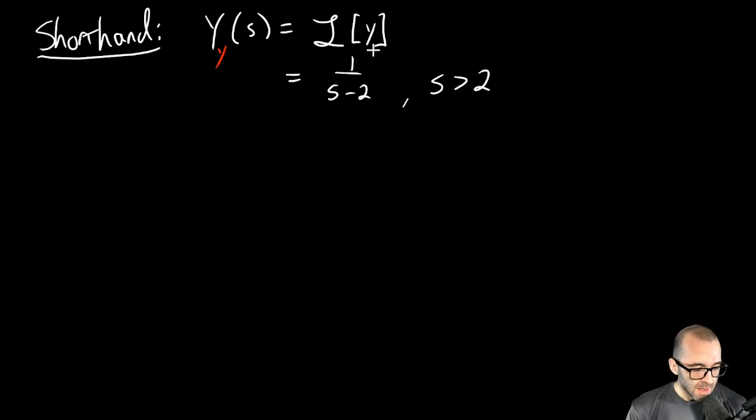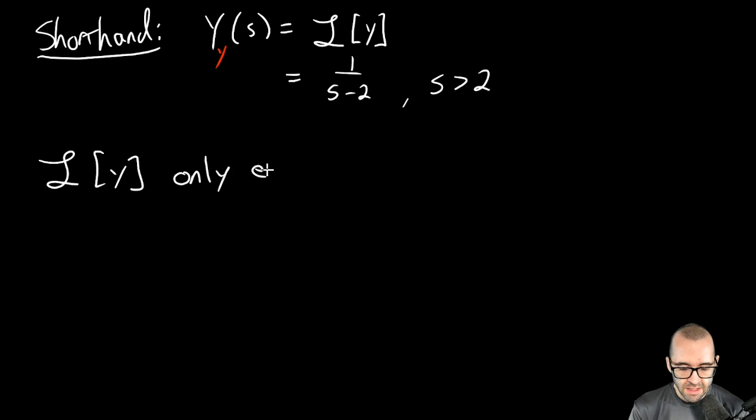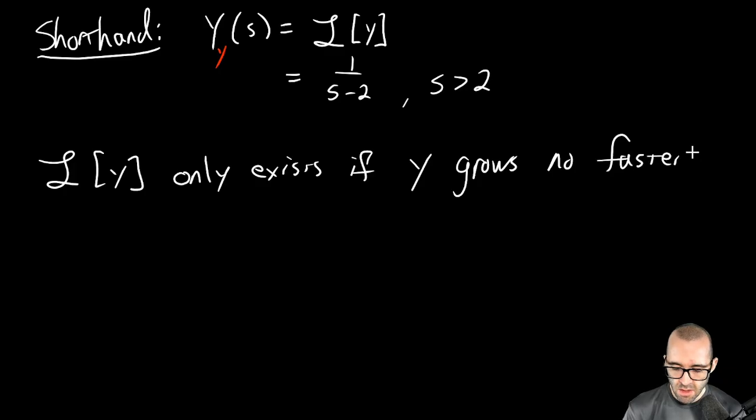Okay, then the final disclaimer before we end the video is something I said verbally, but the Laplace transform of a function only exists if y doesn't grow too fast. If y grows too fast, it won't exist for any s. So y must grow no faster than an exponential.